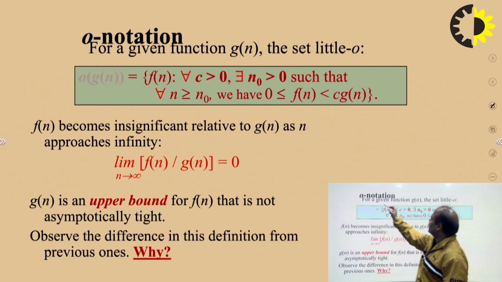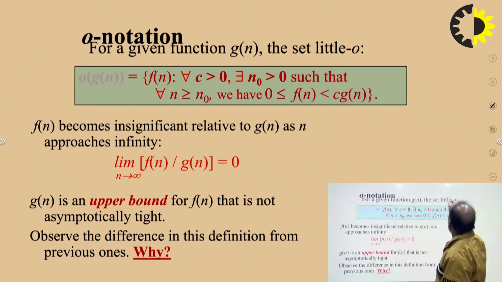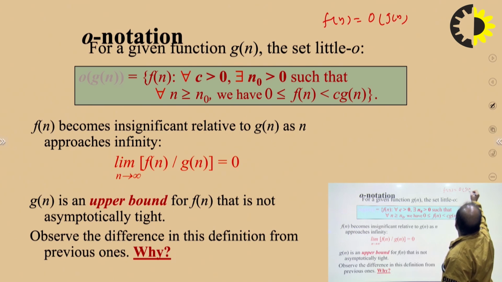Another notation is small o notation. We say f(n) is little o of g(n) if and only if the limit as n tends to infinity of f(n) by g(n) is equal to 0.